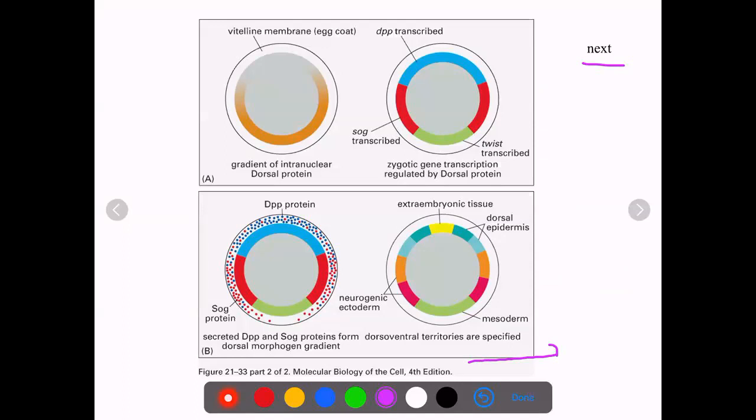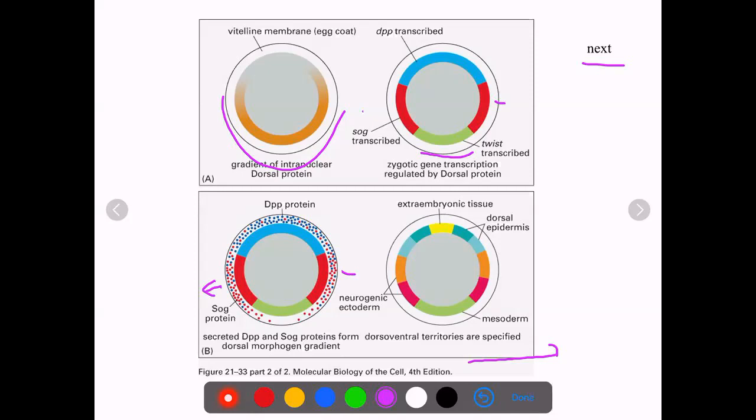So Dorsal is expressed like this, and because of that, the gradient is created. SOG will be expressed laterally, and here's a twist, and then DPP will be expressed. SOG is secreted out, and DPP is secreted out. But the reason why DPP will not come down is because of the SOG.